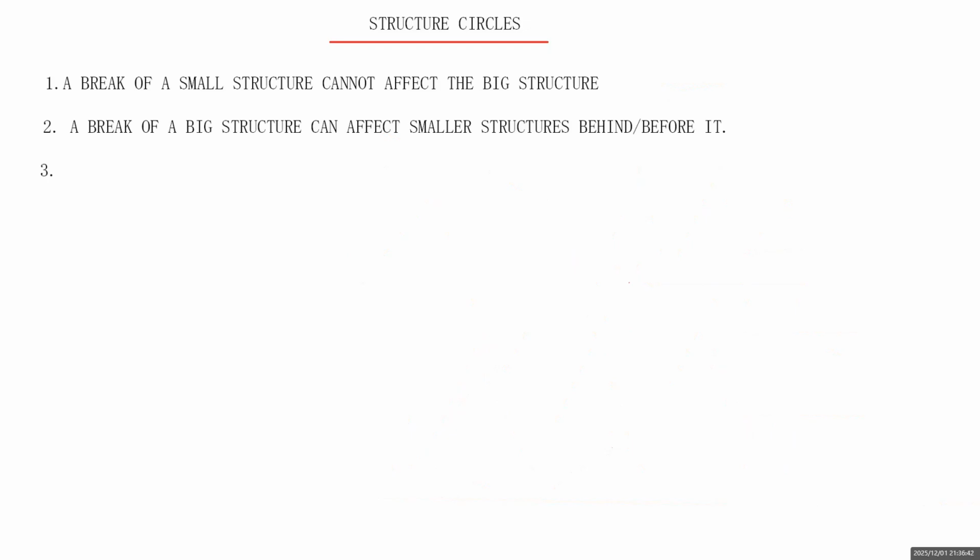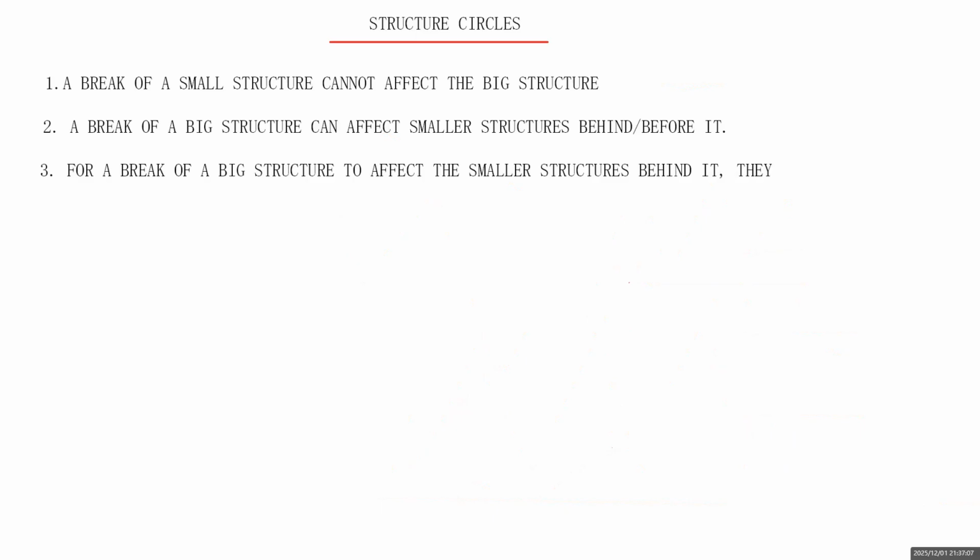Number three says that for a break of a big structure to affect the smaller structures behind it, they must be likewise structures.